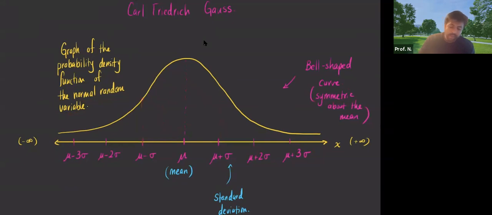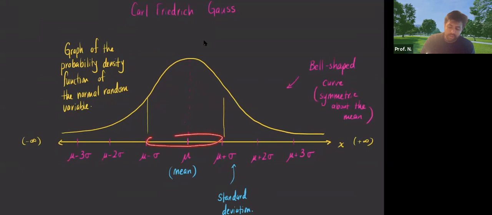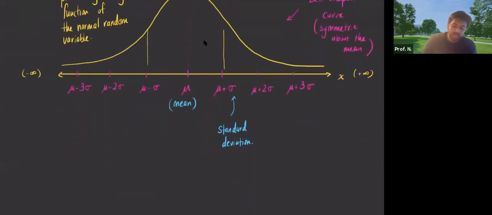So if I am within this range of values for x, all these values here are indicative of being within 1 standard deviation from the mean. So let me just say, let x be a normal random variable.